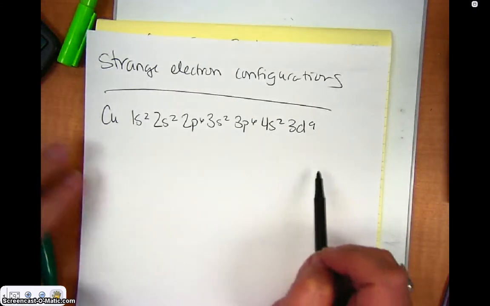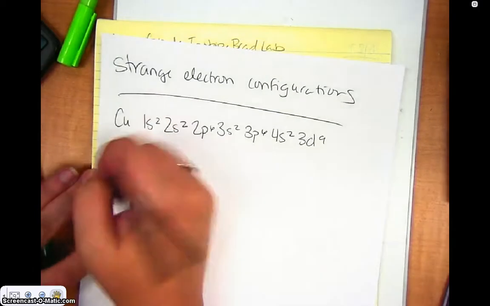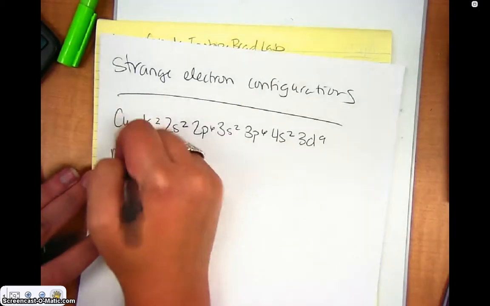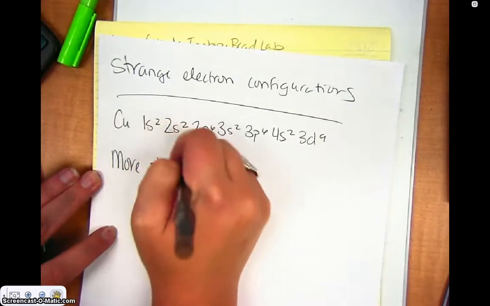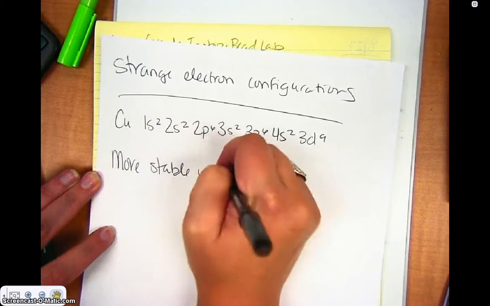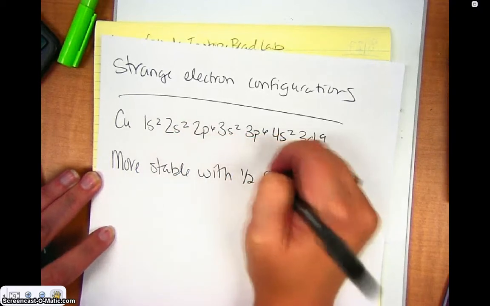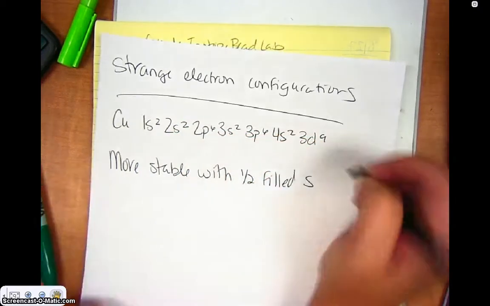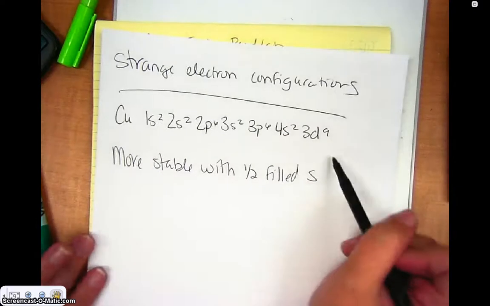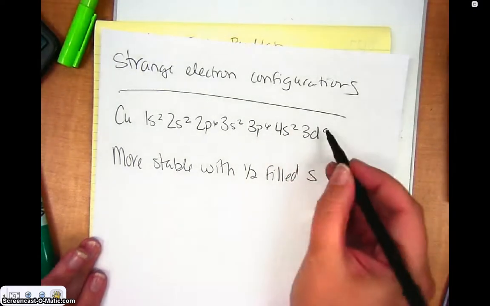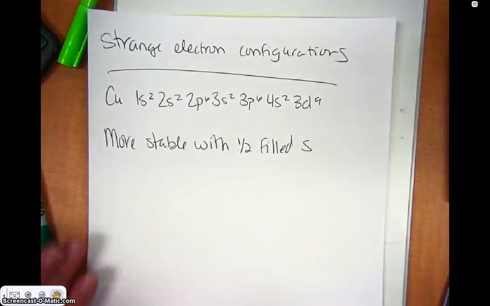So really what happens with copper is it is more stable with a half-filled S. Okay, so instead of being 4s2 3d9, it's actually 4s1 3d10.